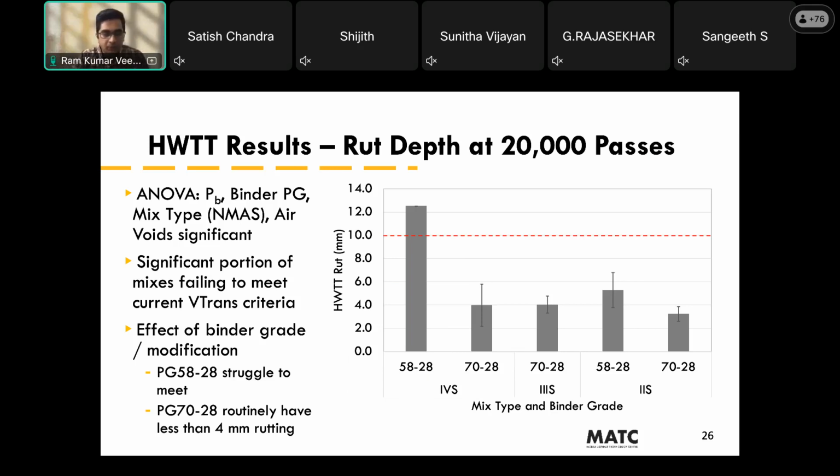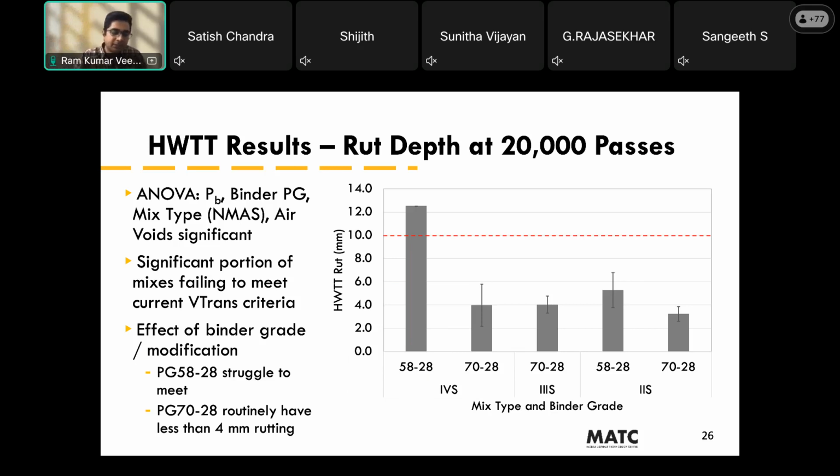We also found from this analysis that significant portions of the PG 58-28 for the type 4 failed to meet the Hamburg wheel tracking test criteria. Though it passed the volumetric, it didn't pass the Hamburg wheel tracking criteria.